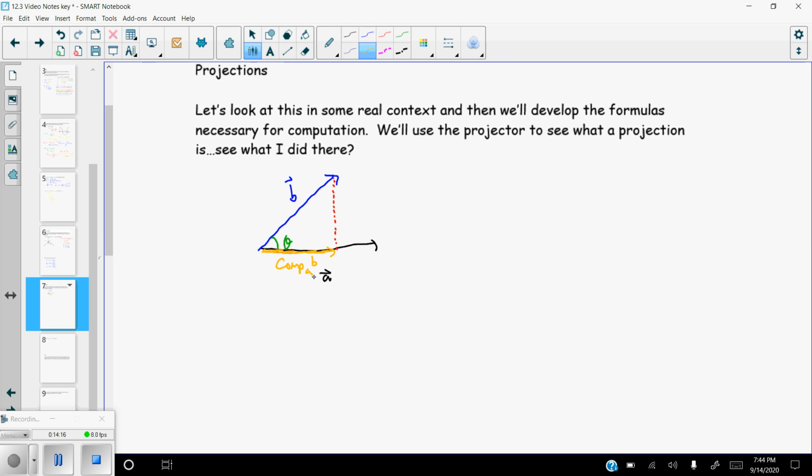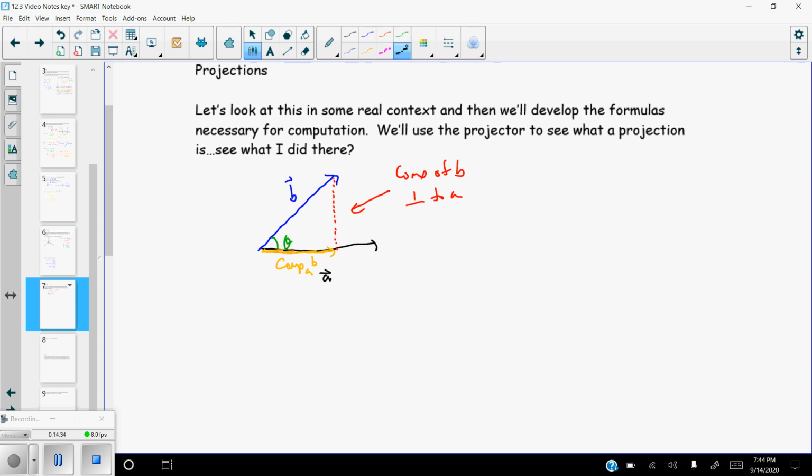And how did we get that? Well, we projected B down onto A. So this part right here gives you the component of B which is perpendicular to A. That's the red part.